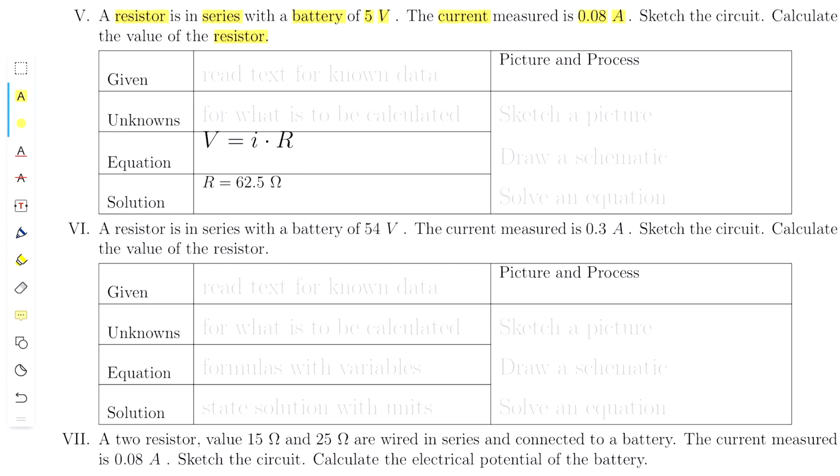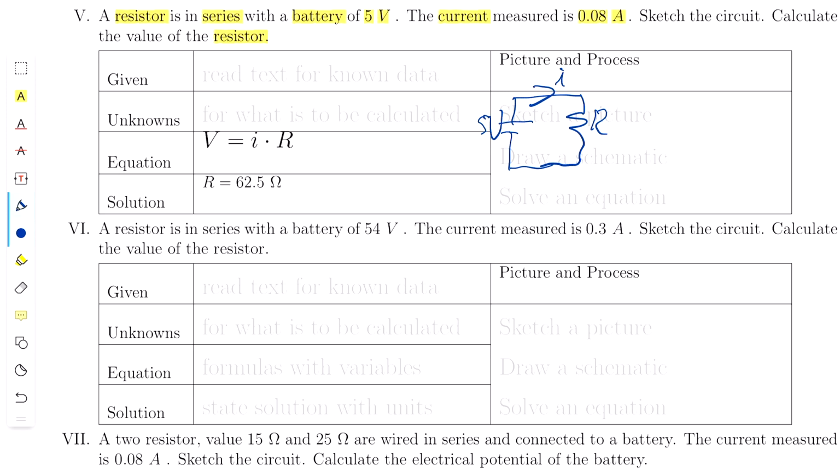And we're going to calculate the value of the resistor. So our circuit is the same. You have a battery, you have a resistor. We are calculating the value of the resistor. We know that the battery is 5 volts, and the resistor and the battery have the same current.